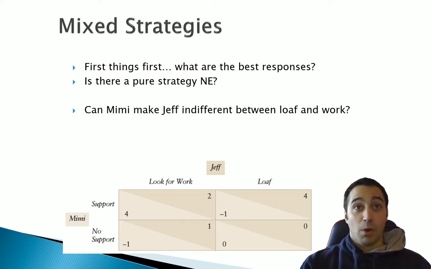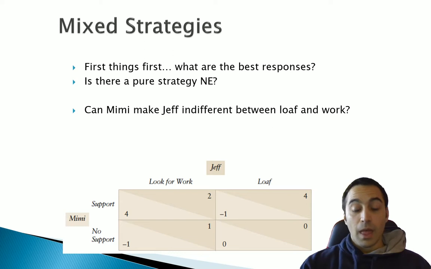Mimi, on the other hand, wants Jeff to stay with her and likes to be a supporting partner. Therefore, she likes to support Jeff and does not like to not support Jeff. However, she doesn't want a deadbeat man friend, so she would prefer that he looks for work and doesn't loaf. This results in a situation where Jeff very much wants to loaf and not look for work and be supported by Mimi. Mimi wants to support Jeff and have him look for work so they can stay together and be happy.